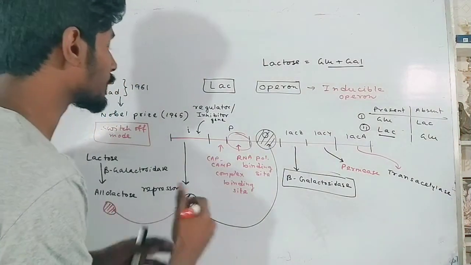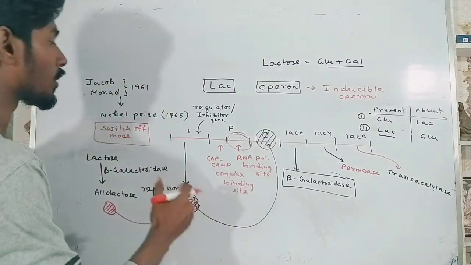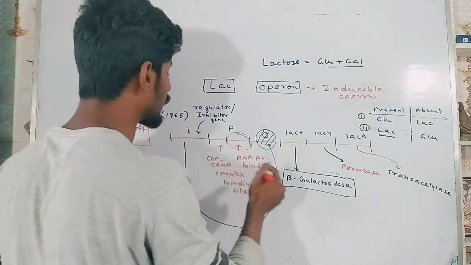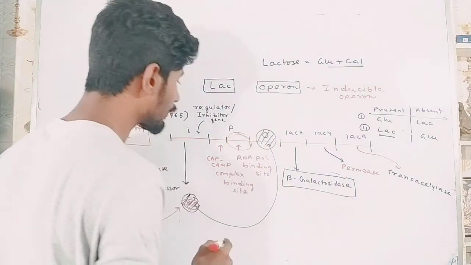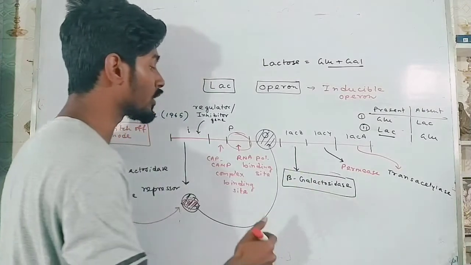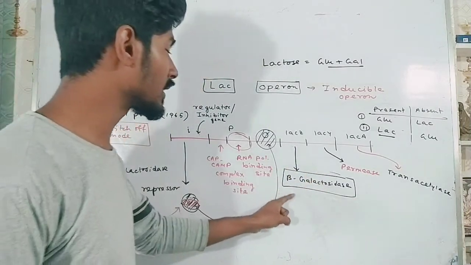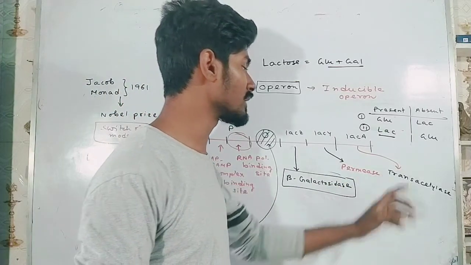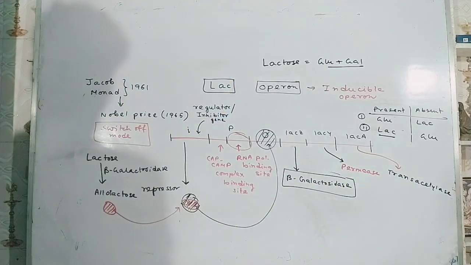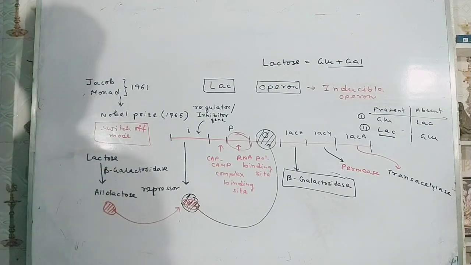As a result, the repressor cannot bind to the operator region and the RNA polymerase can bind to the RNA polymerase binding site, and it can transcribe the structural genes, as a result of which we get the products of these genes, which are beta galactosidase, permease and transacetylase. In this situation, the lac operon is in the switched on mode.